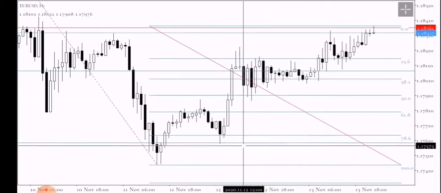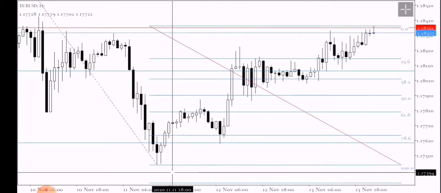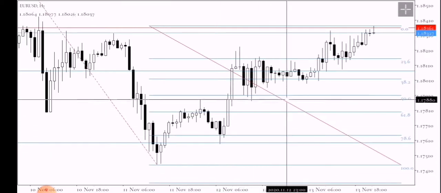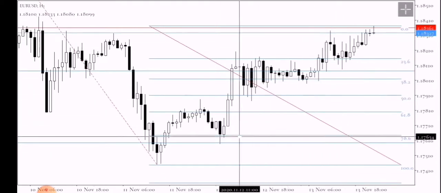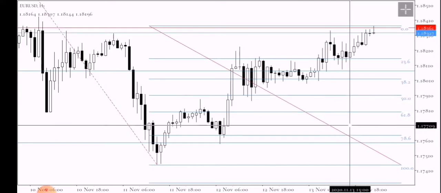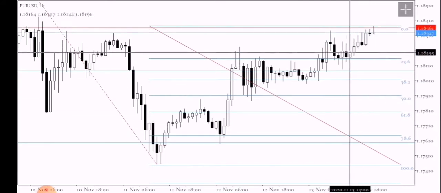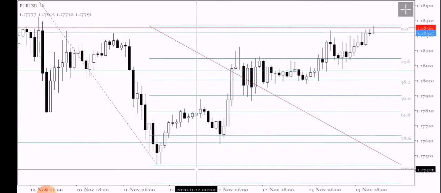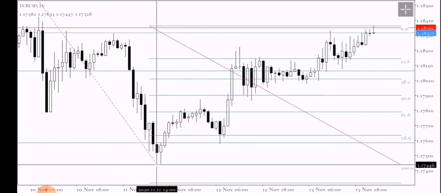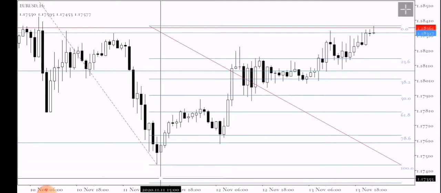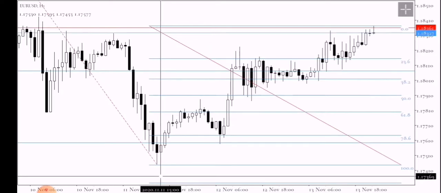With a stop loss right below that, because if we're going up and this is creating a wave 1, 2 and going up 3, we should not go below this level. So our stop loss would be somewhere around here, a couple of pips down.